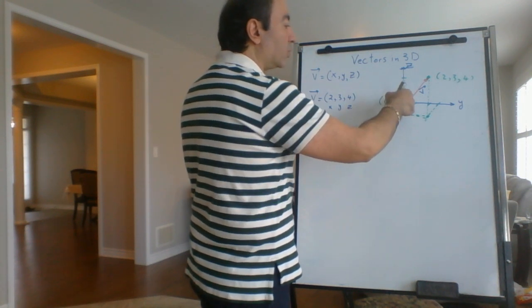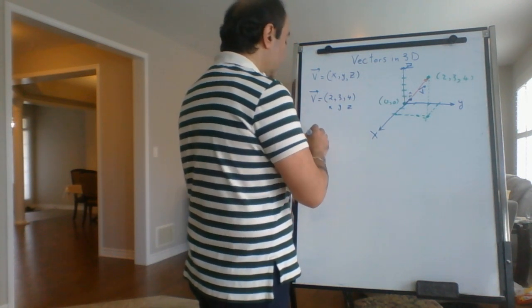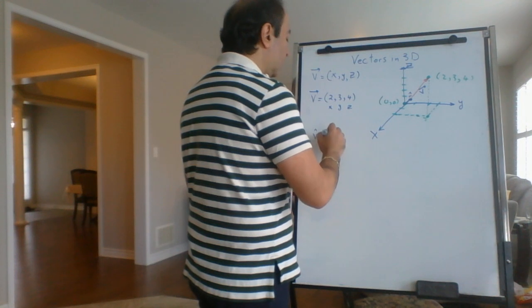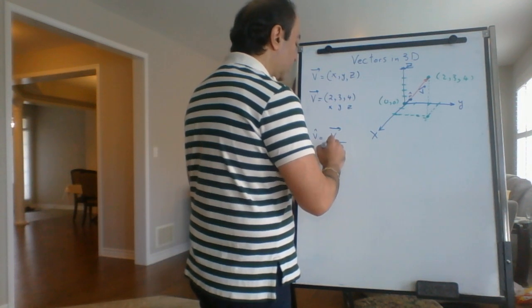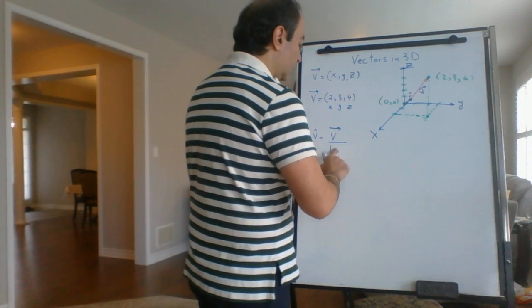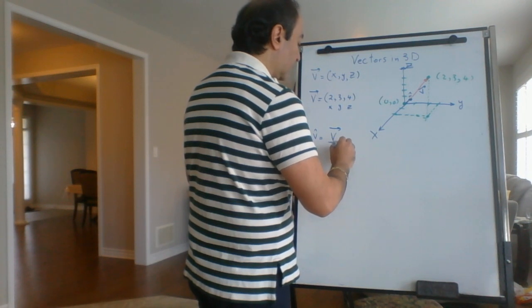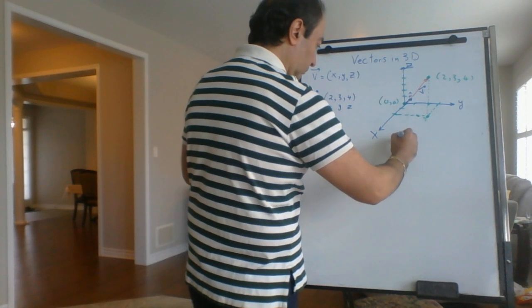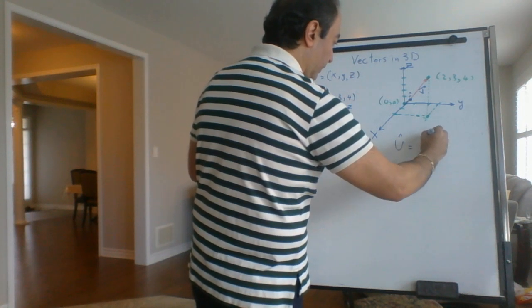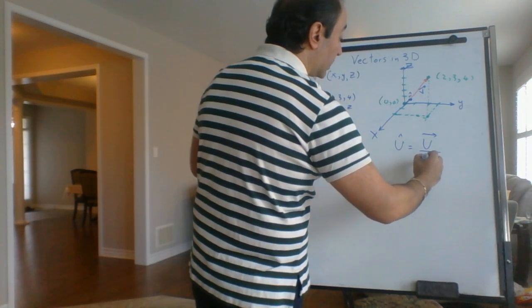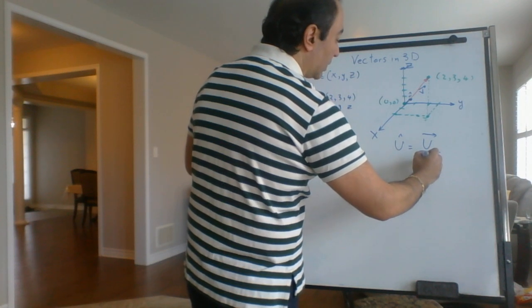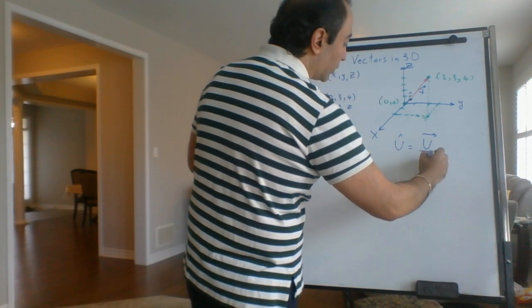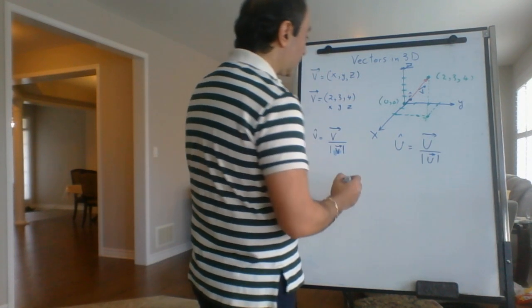However, the magnitude of this vector is 1. And we said that the unit vector equals vector v divided by the magnitude of vector v.